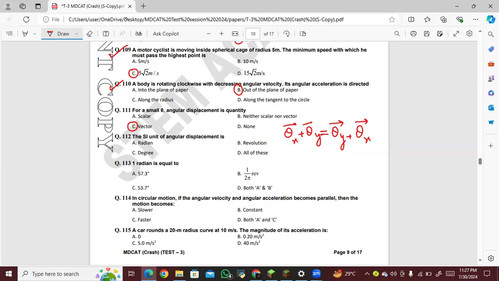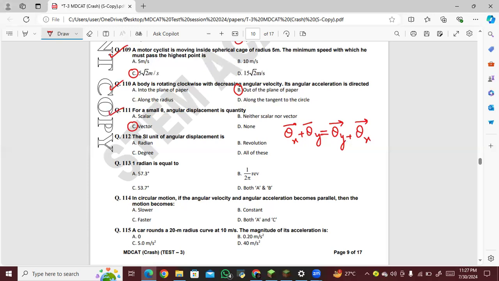So if a physical quantity obeys the commutative law of vectors, then it is regarded as a vector quantity. A physical quantity that does not obey the commutative property of vector addition is a scalar quantity. For large values, angular displacement does not obey the commutative law of vector addition. So for large values it is scalar, and for small values it obeys this law. That's why it is a vector quantity.